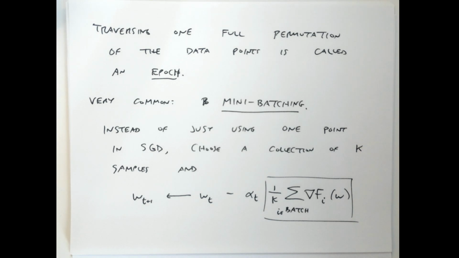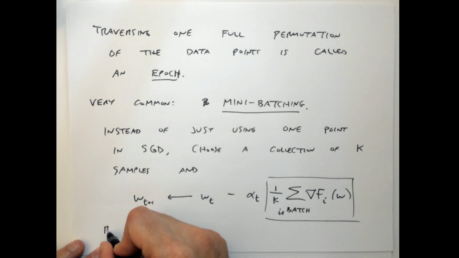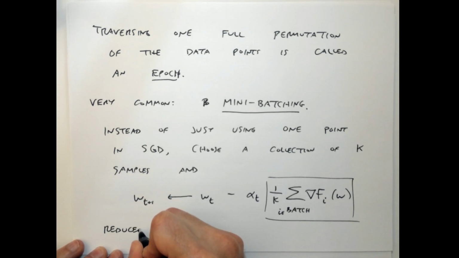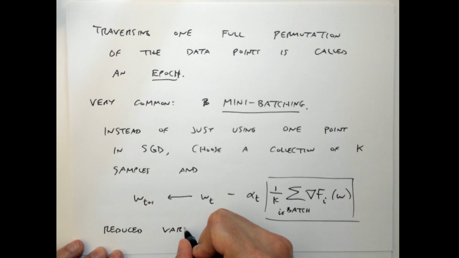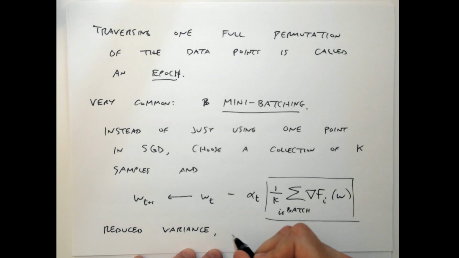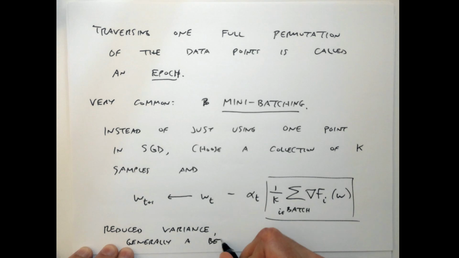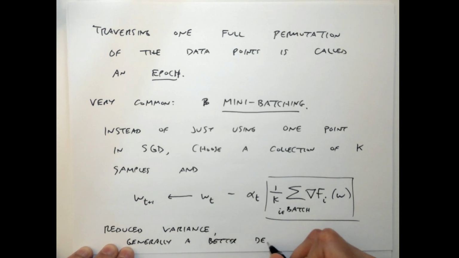And so by taking the average of a bunch of points, I'm more likely to be finding a good descent direction for the whole function. So this basically reduces the variance in the gradient estimate and generally gives a better descent direction.